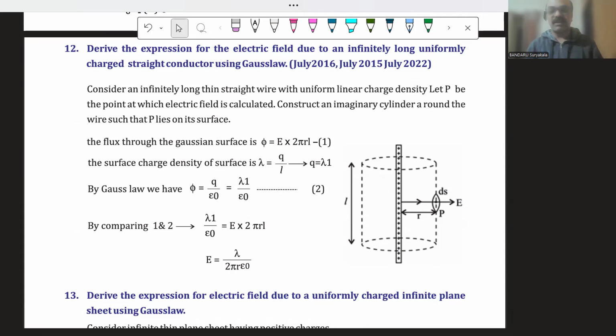Draw the diagram, write a brief explanation of it: the conductor, the electric field being radially outwards, Gauss law, and equating the two equations. After that, a few things get cancelled.